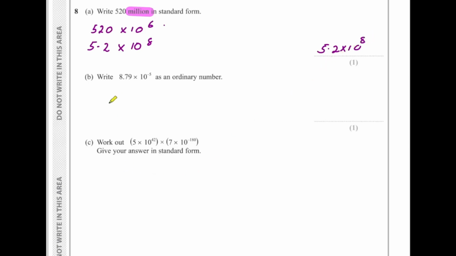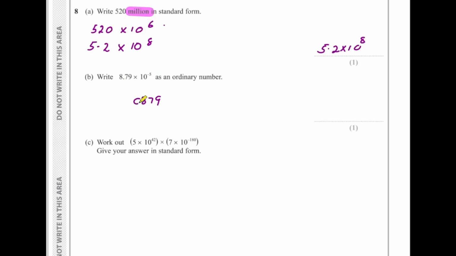Next one, part B. Write 8.79 into 10 to the power of minus 5 as an ordinary number, which means you have to multiply this one out. Since this is minus 5, you need to bring this decimal point 5 times forward. So 879, once I write in this way, I brought it once forward, and I need to bring it 4 more positions forward.